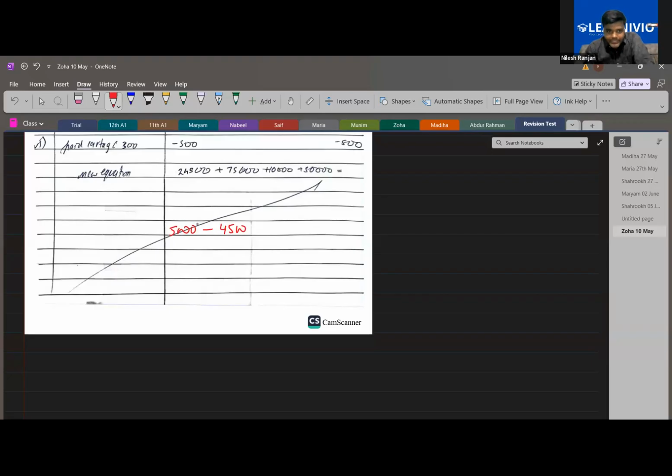Okay. So in this situation, you can see that 5,000 is adding, 4,500 is deducting from the amount. So the net effect is still 500 on the asset side. So there should then be a 500 on the liability side also.